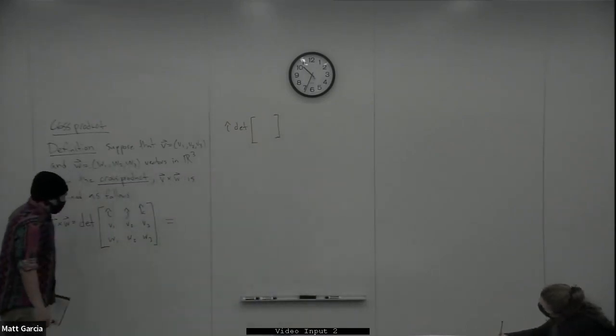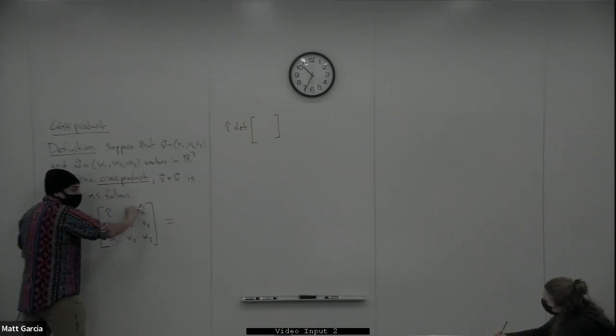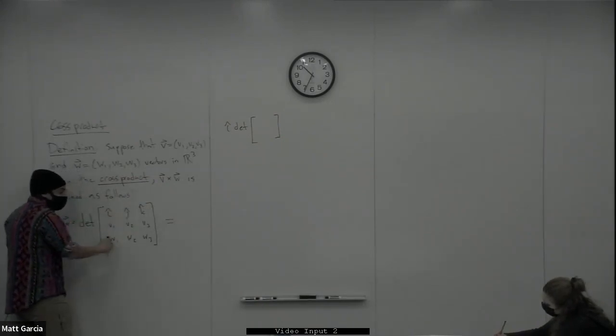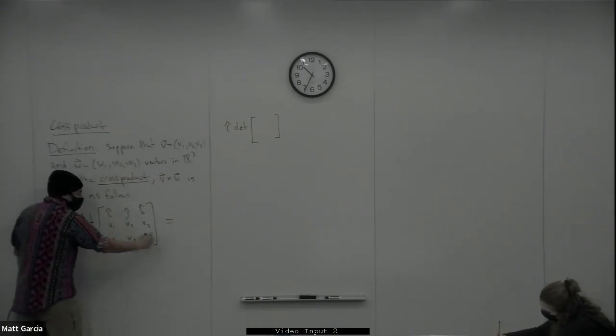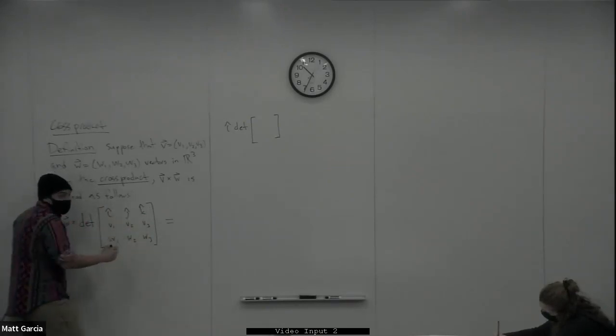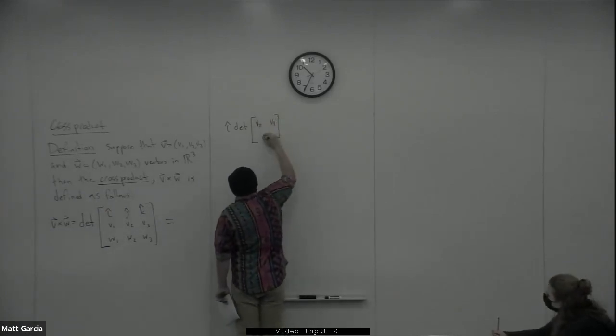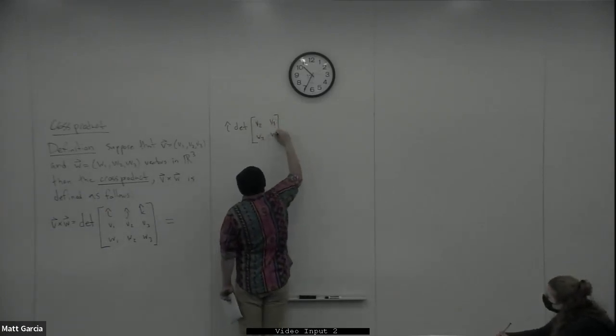What I do is I eliminate the first column and the first row. I pretend like they're not there. And that leaves me with just this 2 by 2 matrix, V2, V3, W2, W3.